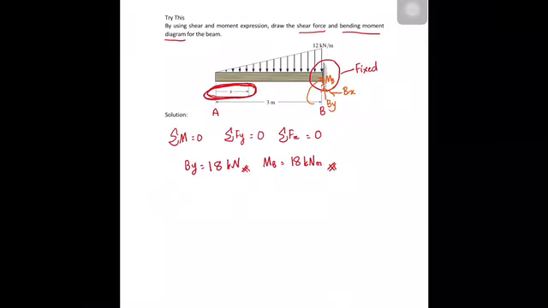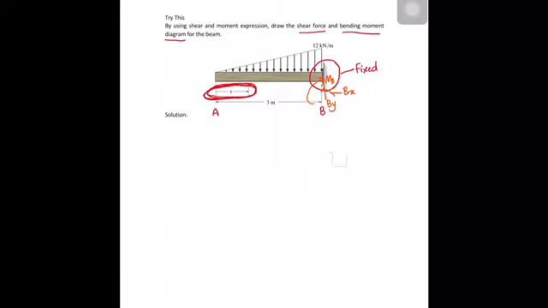Okay, once you calculate the support reactions, then you can start with the equation, how to express the equation. As I mentioned, you have this symbol, then you have to follow this direction.